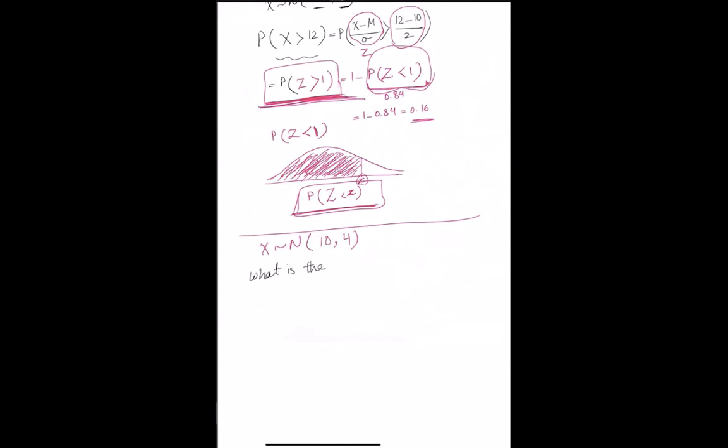What is the value of the random variable such that 95% of... So let's say this random variable is the weight of a package, average 10 pounds and variance of 4.